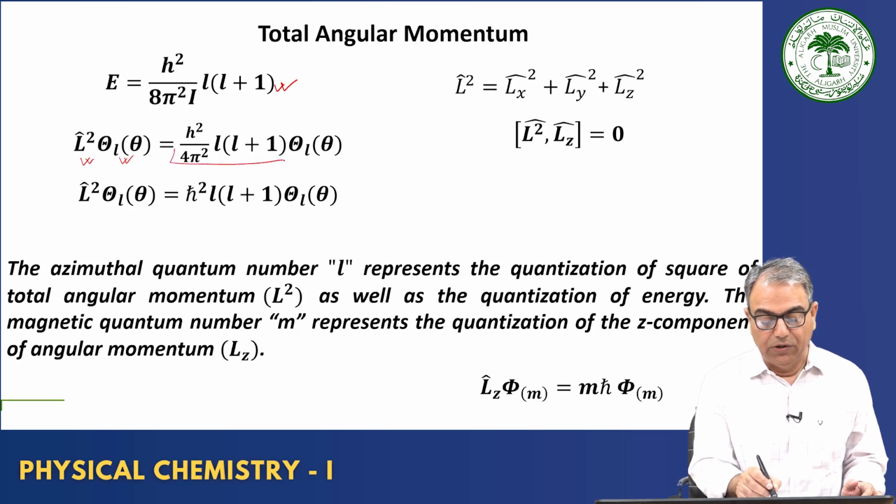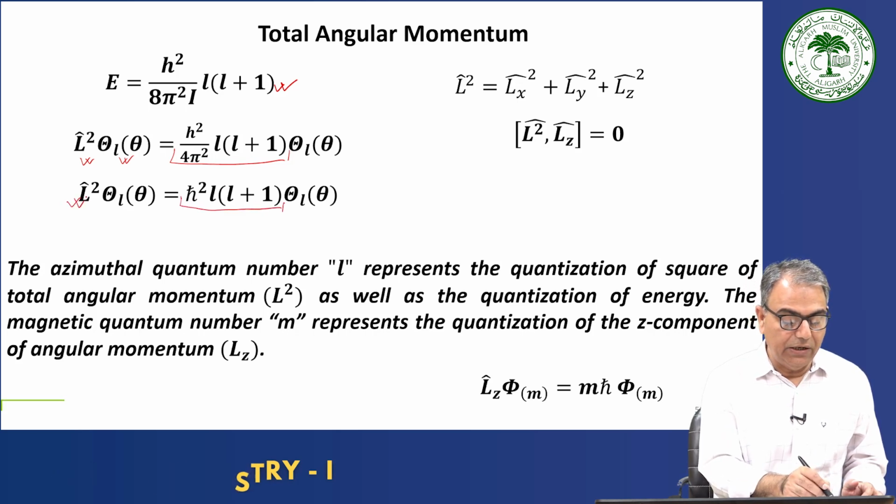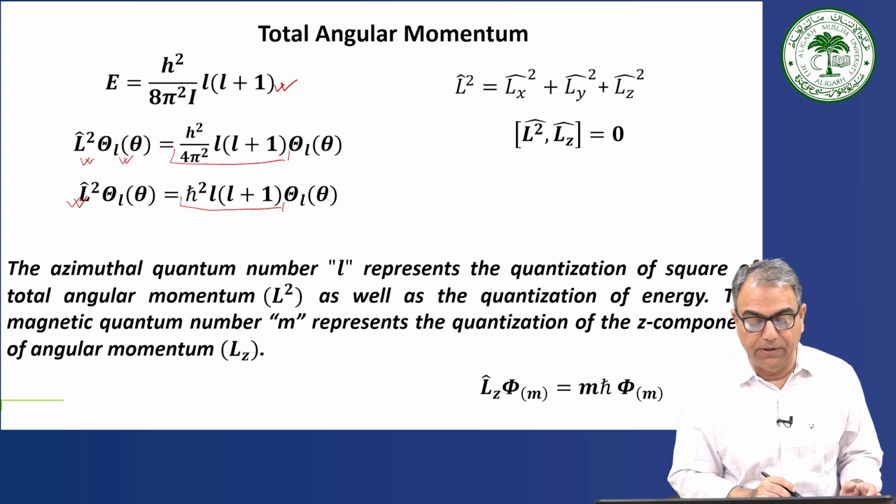This is the eigenvalue, h cross square L into L plus 1, the eigenvalue of the square of the total angular momentum.